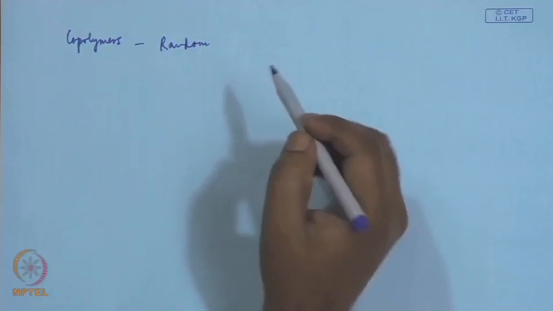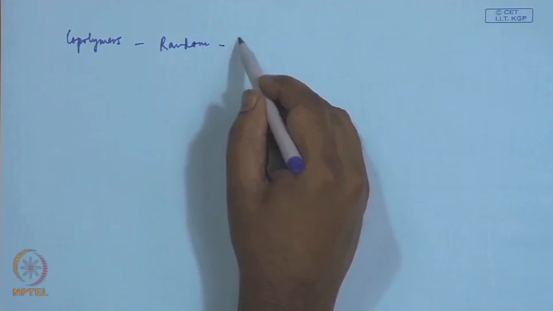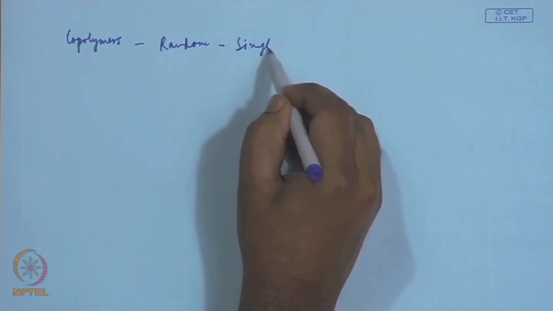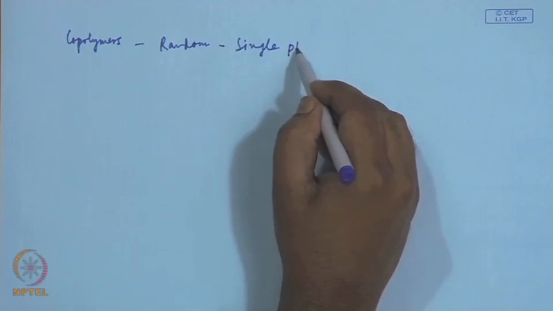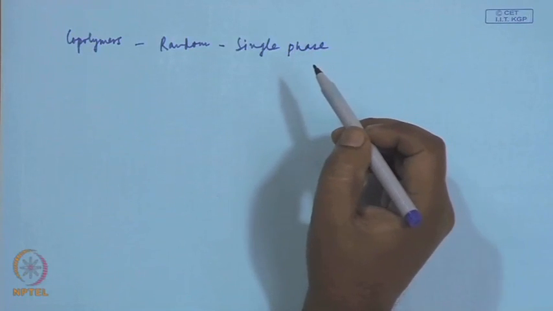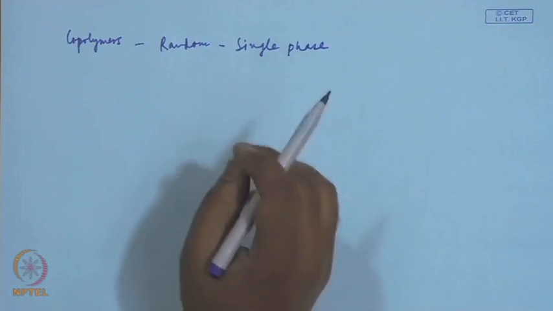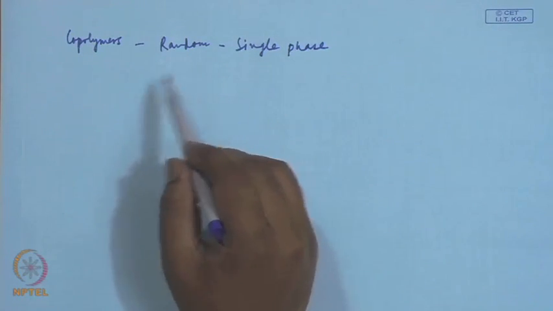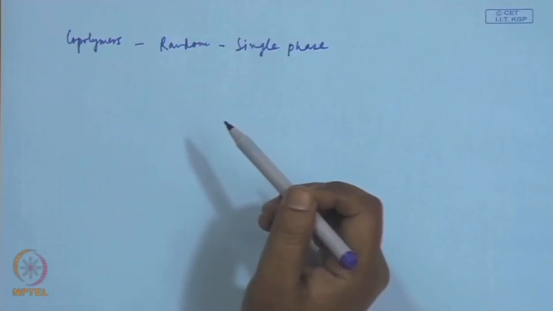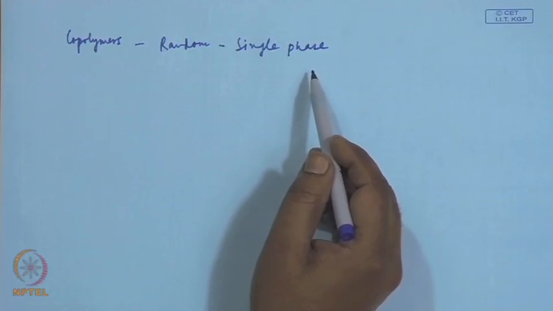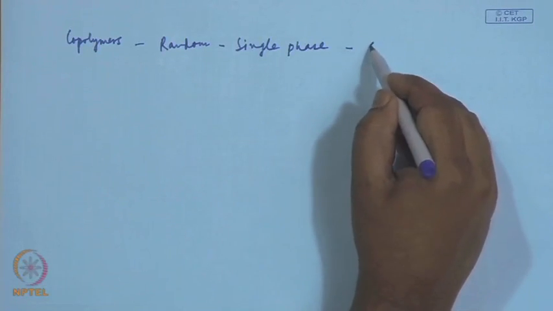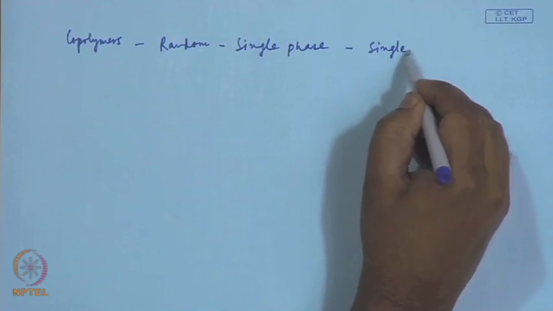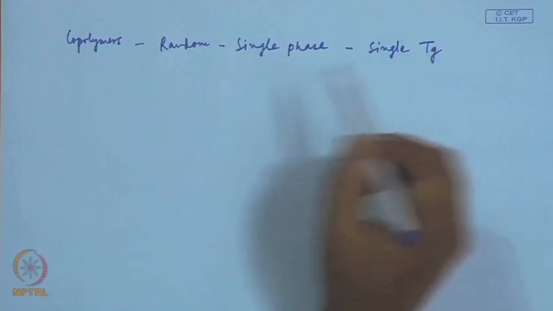If you have random copolymers, they form a single phase, because the individual monomers are not distinct from each other, in the sense that they are statistical copolymers. So you have a single phase, and this gives us a single Tg for the copolymer.